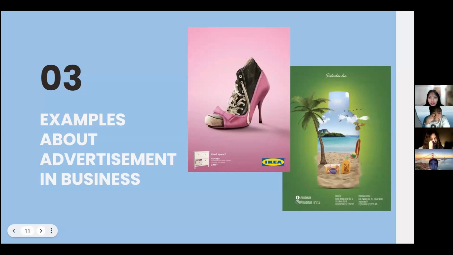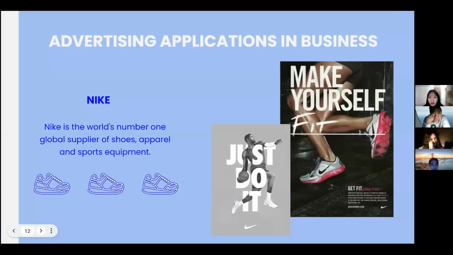Some well-known firms have used advertising in their marketing tactics to promote their products. As an example, consider Nike. Nike is the world's number one global supplier of shoes, apparel, and sport equipment. Nike products are well-known and luxurious, yet many people like and pay for every Nike item. Typically, many items that have just gone on sale are quickly sold out.